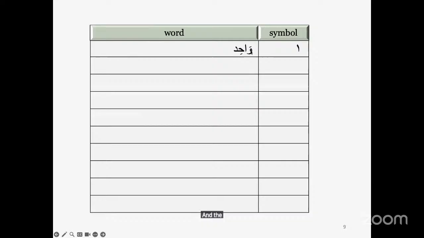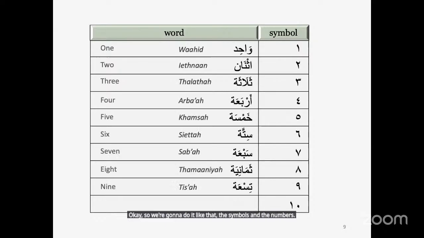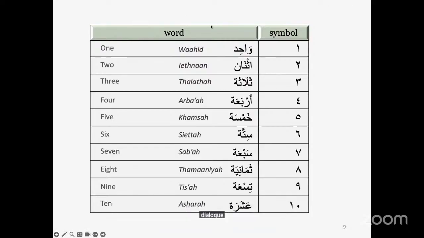Number one has a symbol, and then it also has the name one, O-N-E. We're going to do it like that, the symbols and the names, 1 to 10. Have a look at that, and we will complete that in the next lesson, and then also do the dialogue, inshallah.